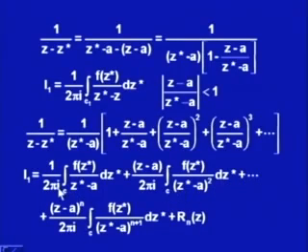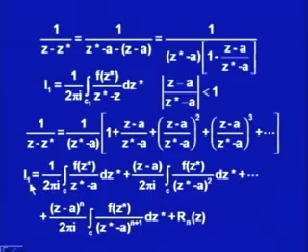Here we have assumed that we can integrate this infinite series term-wise. Of course, we have not proved this so far, but at the moment we are taking it for granted.